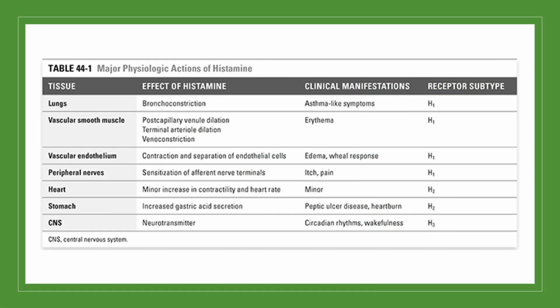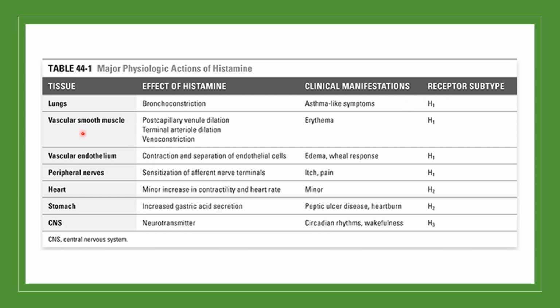This diagram shows the major physiologic actions of histamine, its clinical manifestations, and the receptor subtype involved. In the lungs, the main physiologic effect of histamine is bronchoconstriction, and this is manifested clinically as asthma-like symptoms, and it is mediated via the H1 receptor.